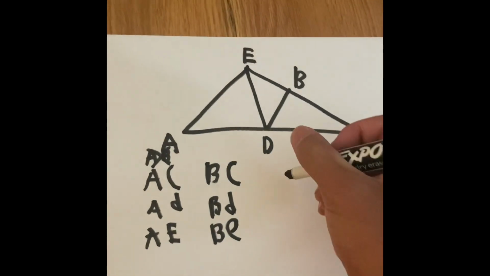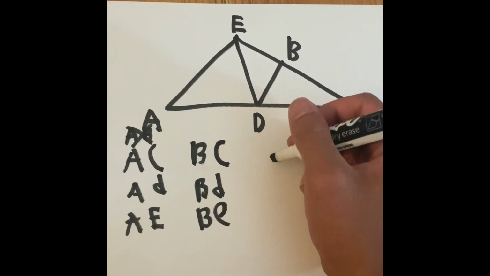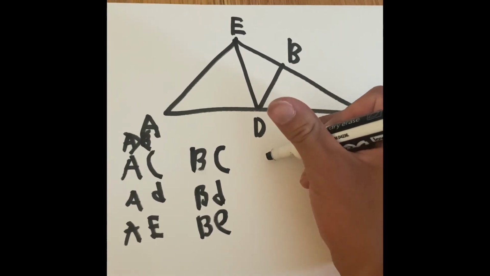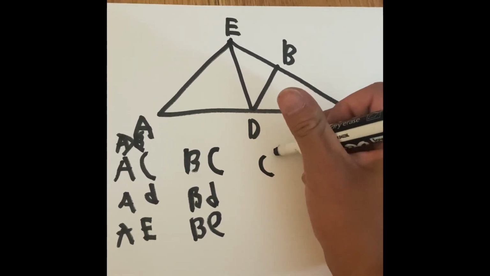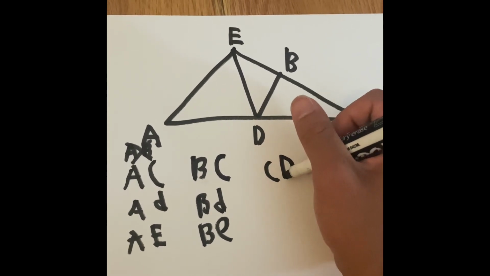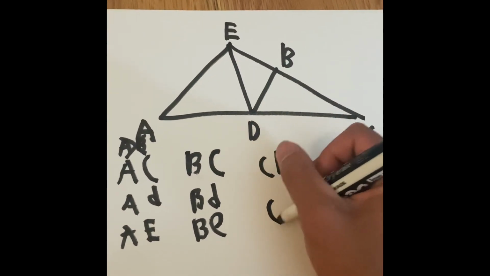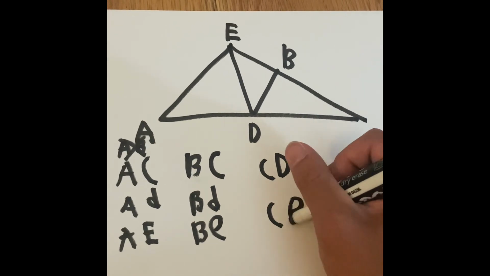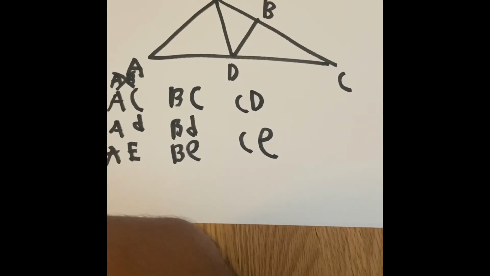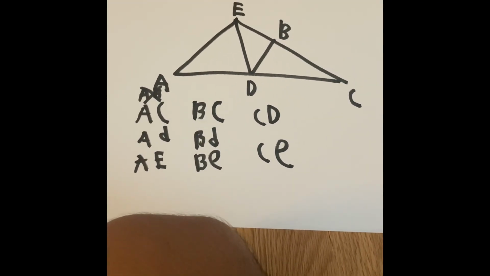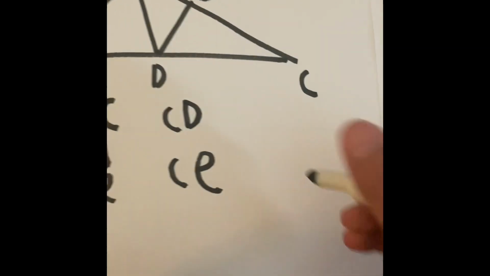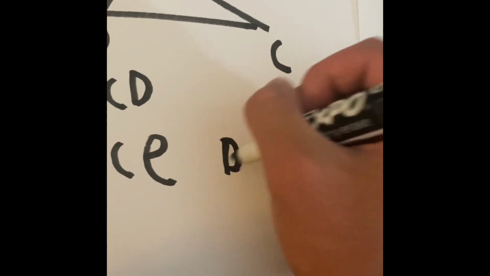Now we start with C. What we can do with C is we can say CD, and we could also say CE. There's one more thing that we can do, which is DE.